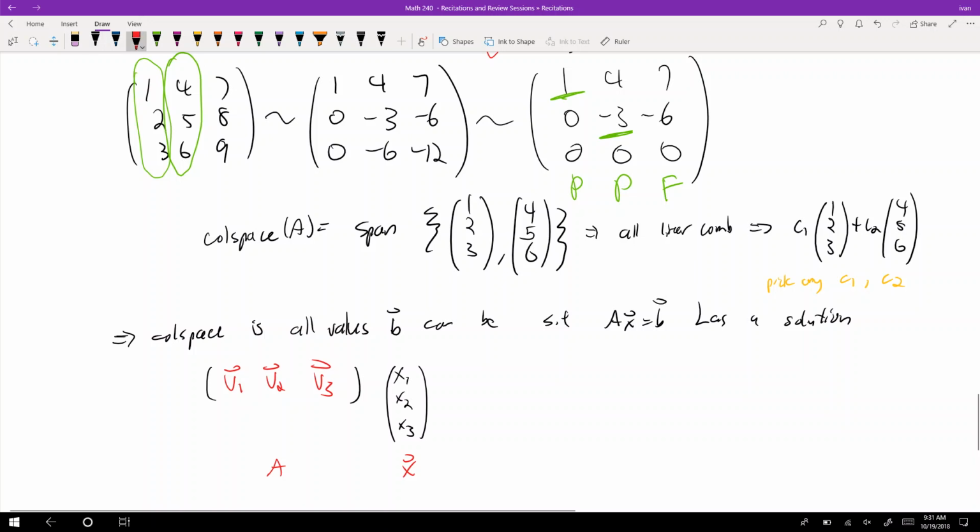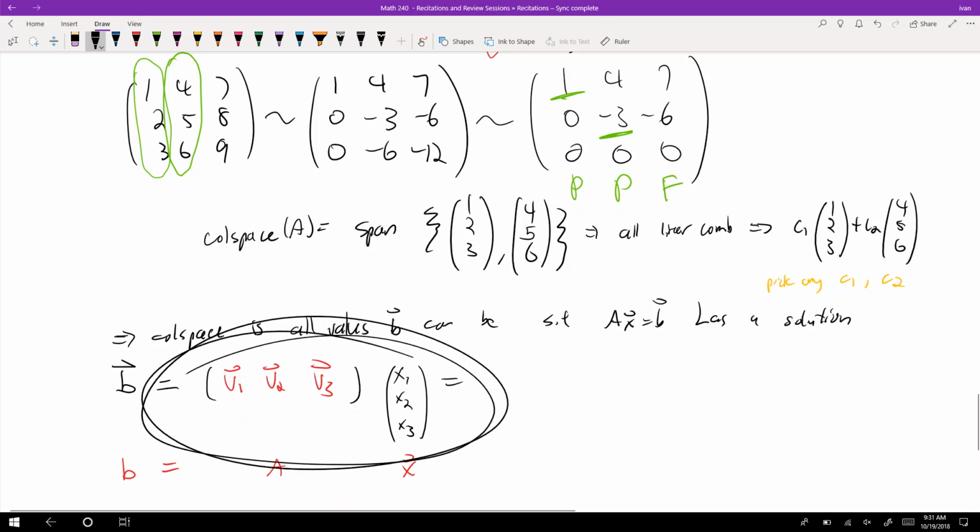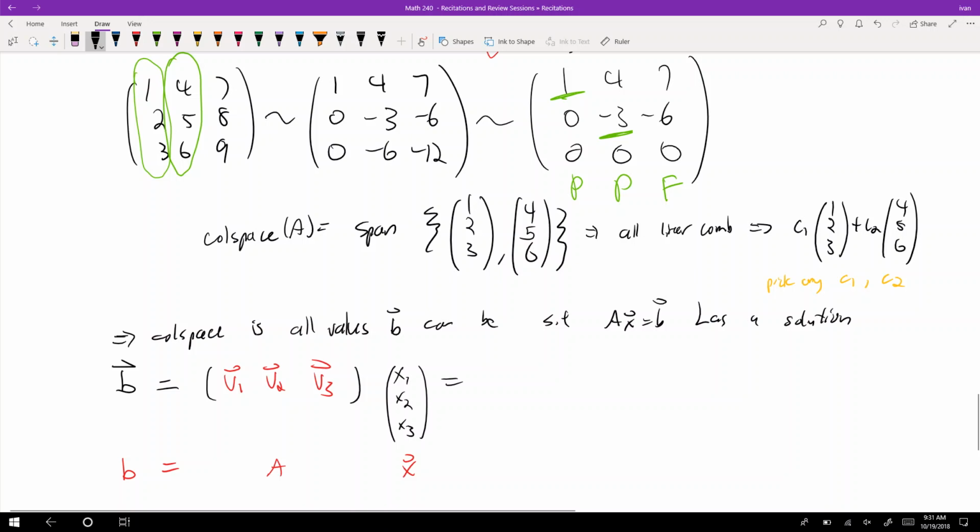All right, so we know B is equal to this. I'm going to put it on the left-hand side. It doesn't matter. B is equal to AX, the same thing as AX equal to B. And if we multiply this stuff out, what do I get? I get x1 v1 plus x2 v2 plus x3 v3.